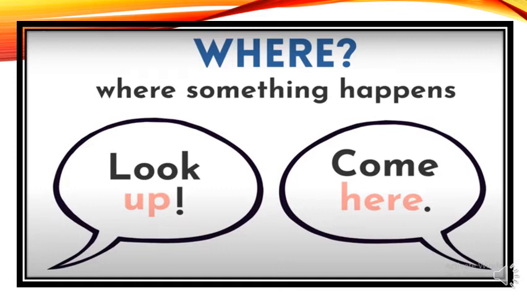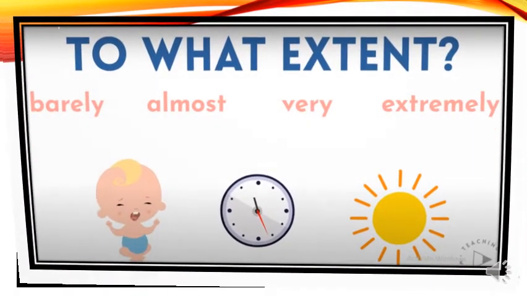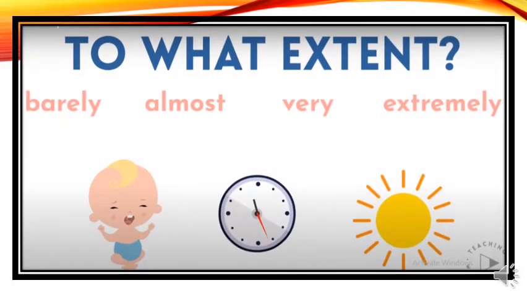Yes, you have to look up. Come here. Where you have to come? Yes, you have to come here. Adverbs also tell us to what extent. Barely, that means hardly, almost, very, extremely.